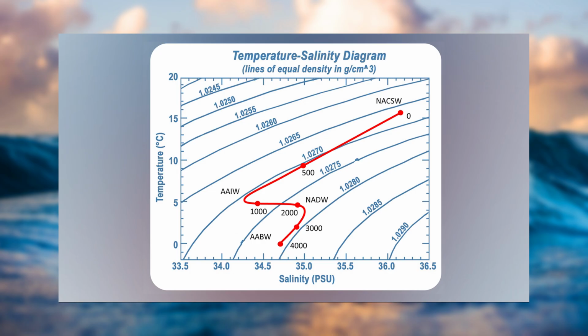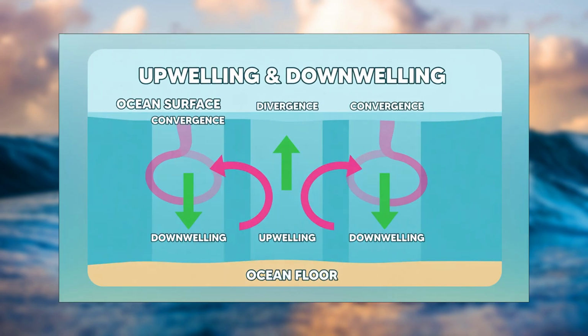Scientists identify different deep water masses using a temperature-salinity diagram. Each deep water mass has a unique combination of temperature, salinity and density, which acts like a signature. In polar regions, as heavy surface water sinks, deep water rises to the surface, called upwelling.